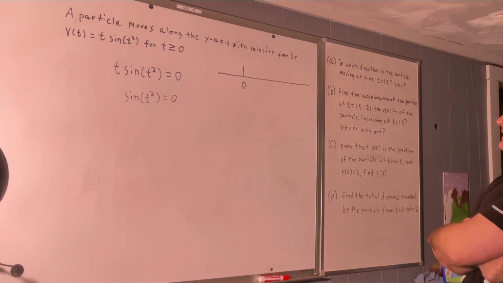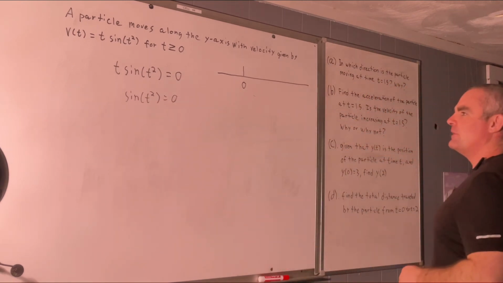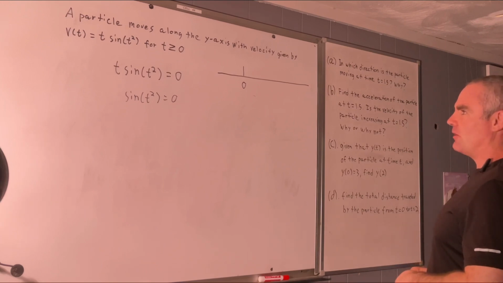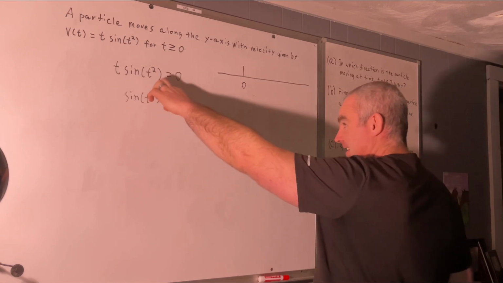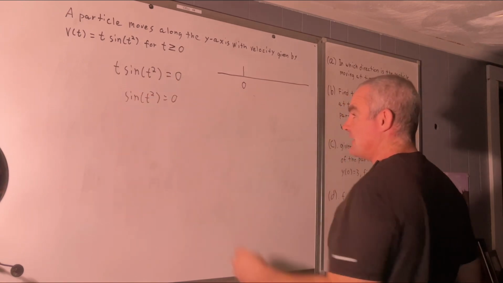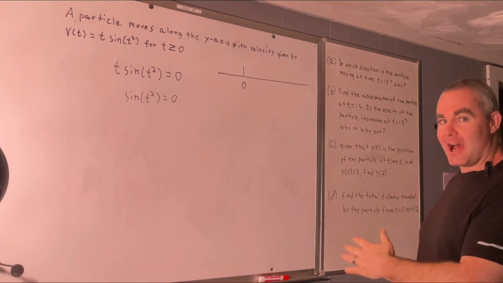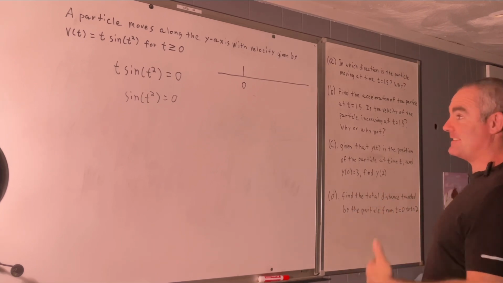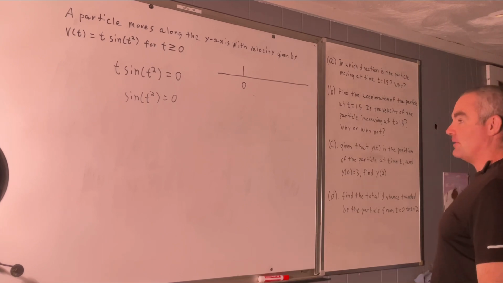So when does sine of t squared equal 0? Well, sine equals 0 when the argument inside here is equal to 0, is equal to pi, is equal to 2 pi, 3 pi, 4 pi, etc. The ones we're interested in are 0 and pi.